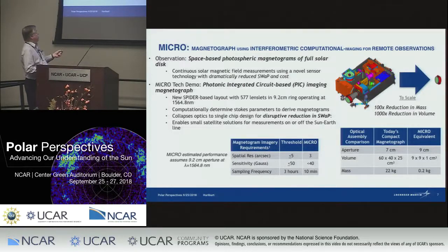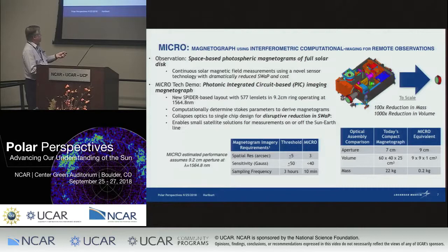They operate typically in the 1.5 micron range. And it turns out there's a good magnetic line in that range, 1.564 microns. So the idea is we're now exploring developing this concept using that line.